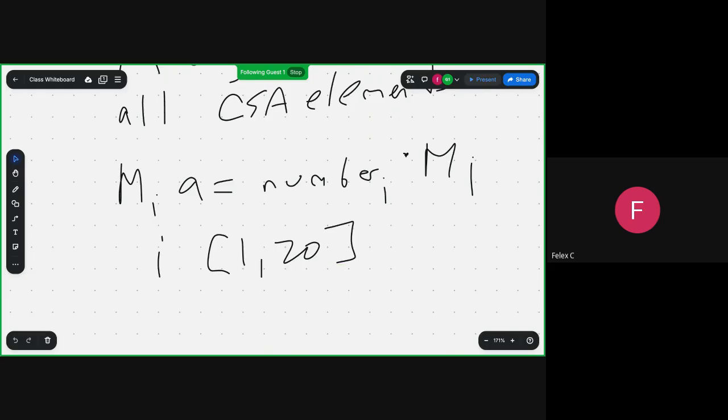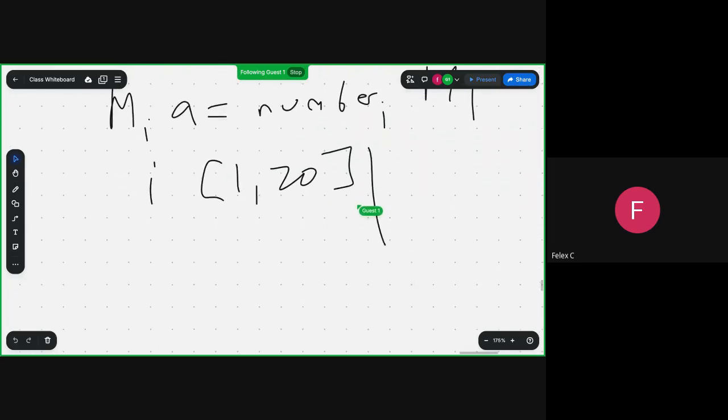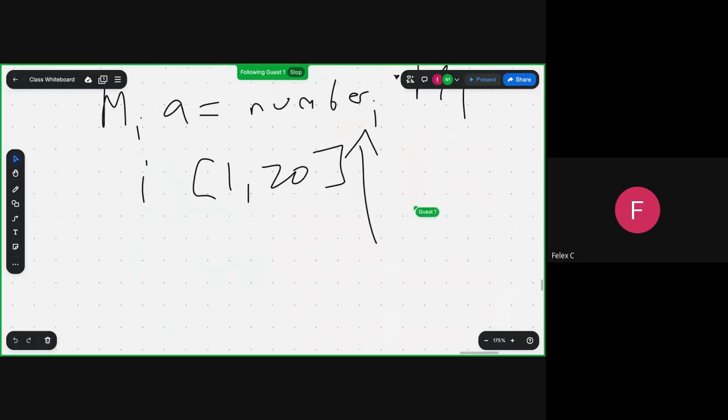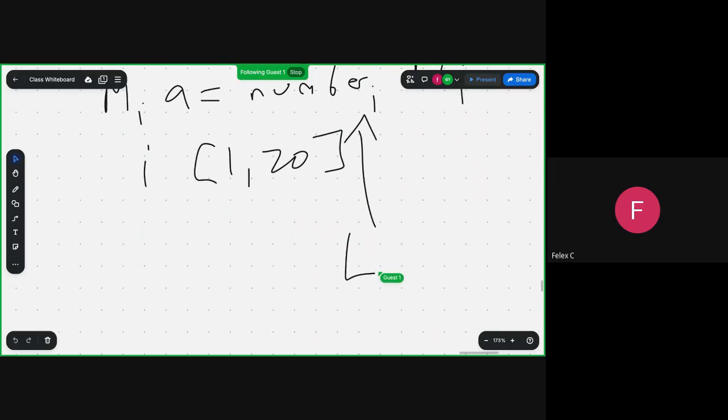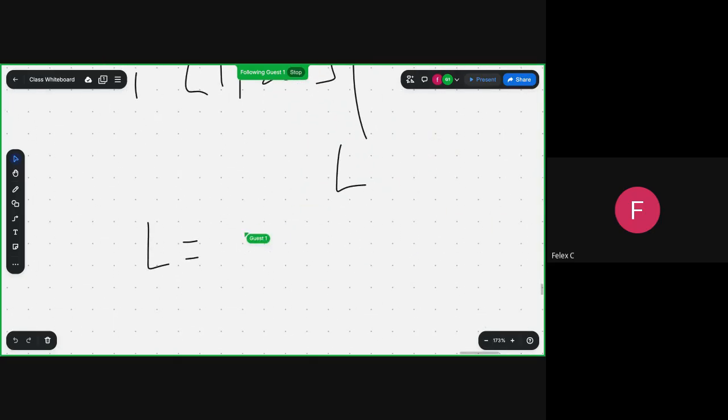These 20 numbers form a weight. I'll call it L. So L is equal to a collection of 20 numbers: eigenvalue 1, eigenvalue 2, dot dot dot, eigenvalue 19, eigenvalue 20.